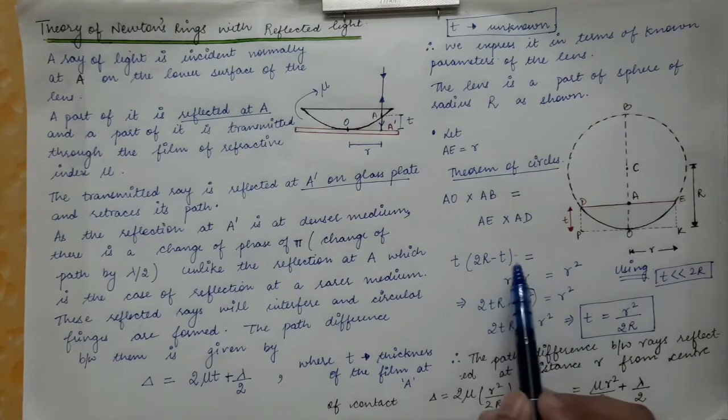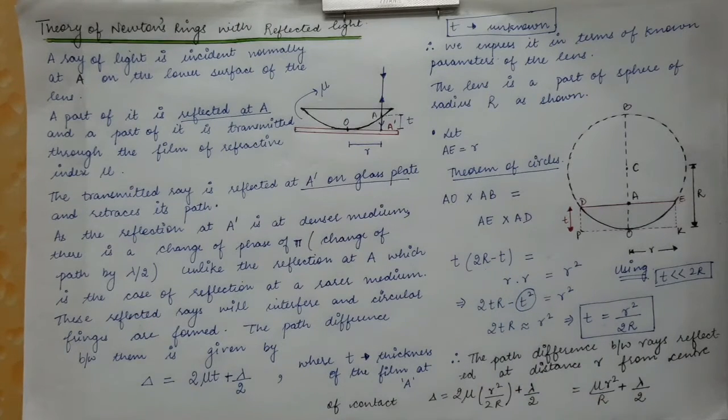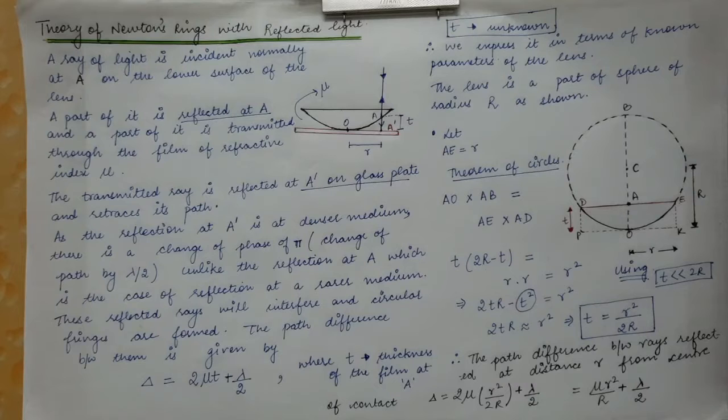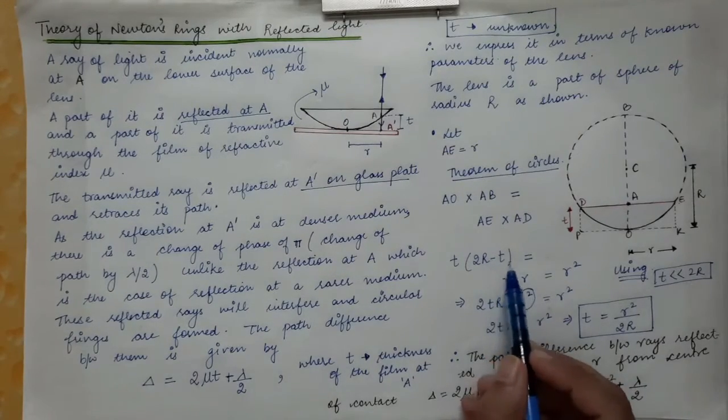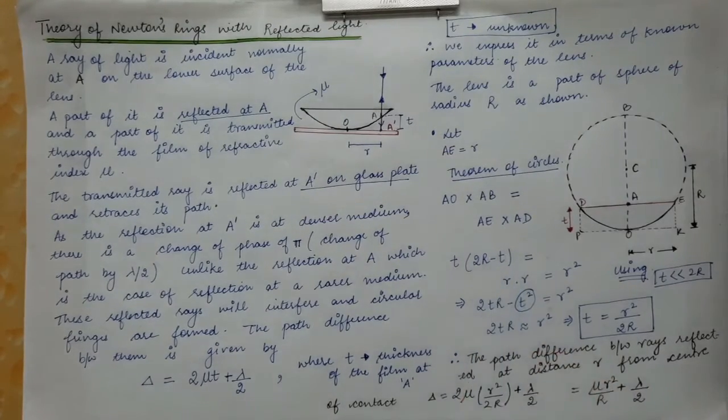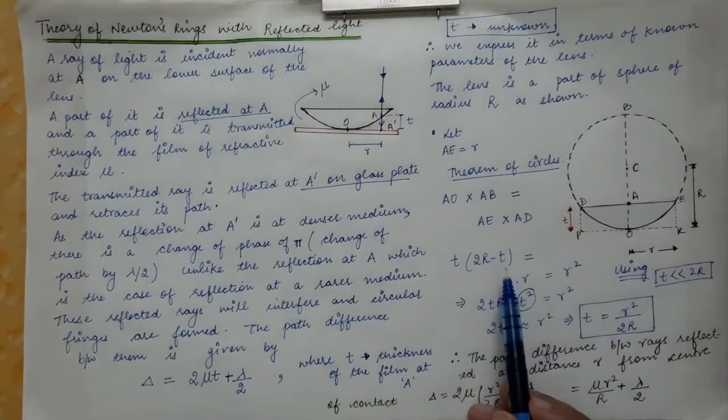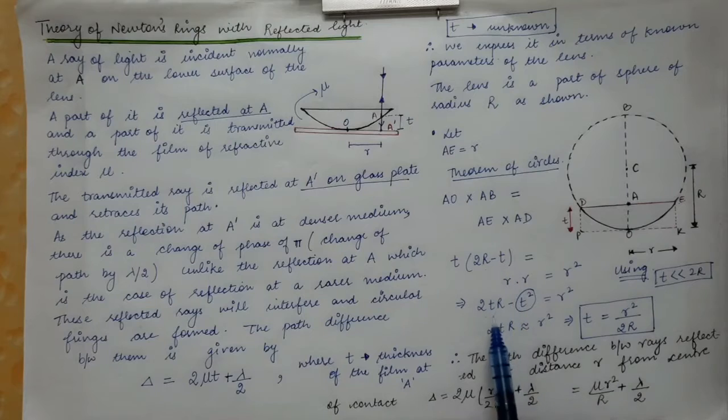In this case, the thickness of the air film is very small as compared to the radius of curvature. So t is very small as compared to twice of capital R. So over here t can be ignored. t is negligible as compared to twice of capital R, so t can be neglected. So we will get 2tR approximately equal to r squared.